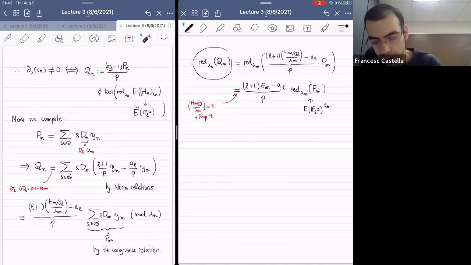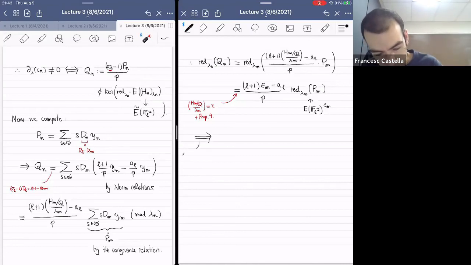So now it's equivalent to this. So we deduce, using the fact that this quantity we have here annihilates the target.